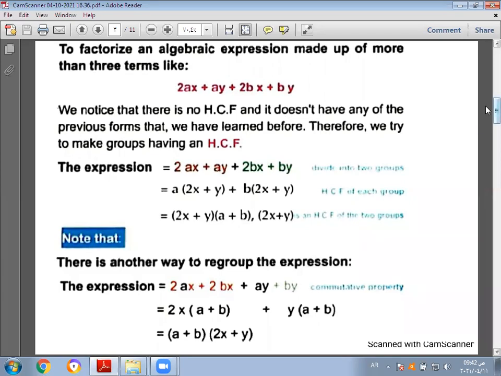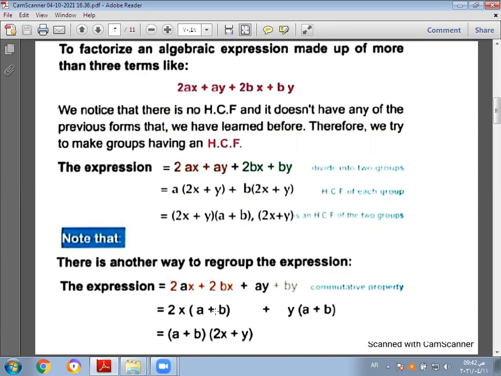I will show it to you. As I said, there is another way to regroup the expressions. The expression 2ax plus 2bx plus ay plus by, we can commutative.